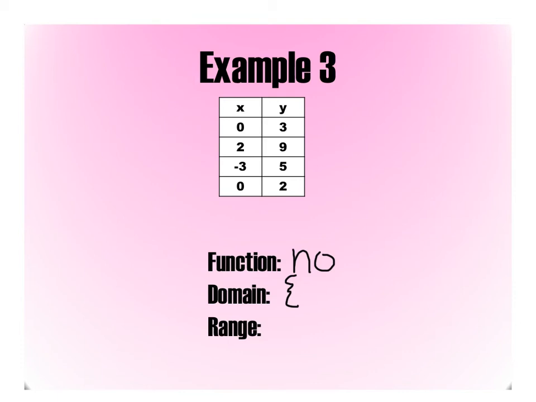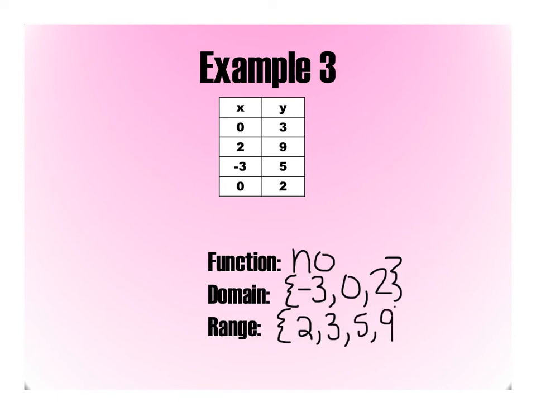So our domain, remember, we go in numerical order, so we would have -3, 0, and 2. Remember, we do not repeat numbers. Then in our range, that's our y values, we're going to have 2, 3, 5, and 9.